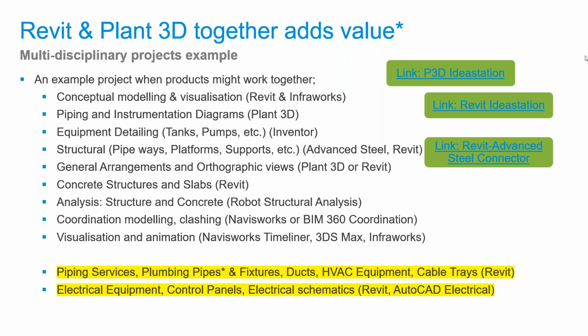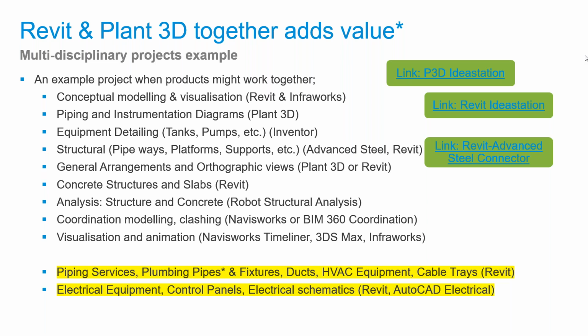So we can very efficiently use Revit and InfraWorks. For piping and instrumentation diagrams, of course, Plant 3D. And I think this is a very clear possibility here. For equipment detailing, we can use Inventor again here. It's a very capable tool for detailing, and it has a lot of automatic features for detailing and creating drawings of your equipment.